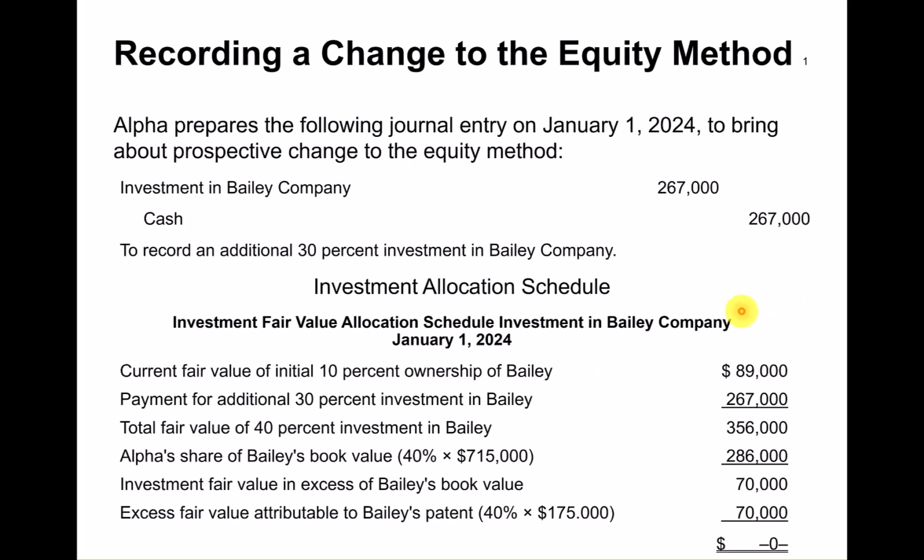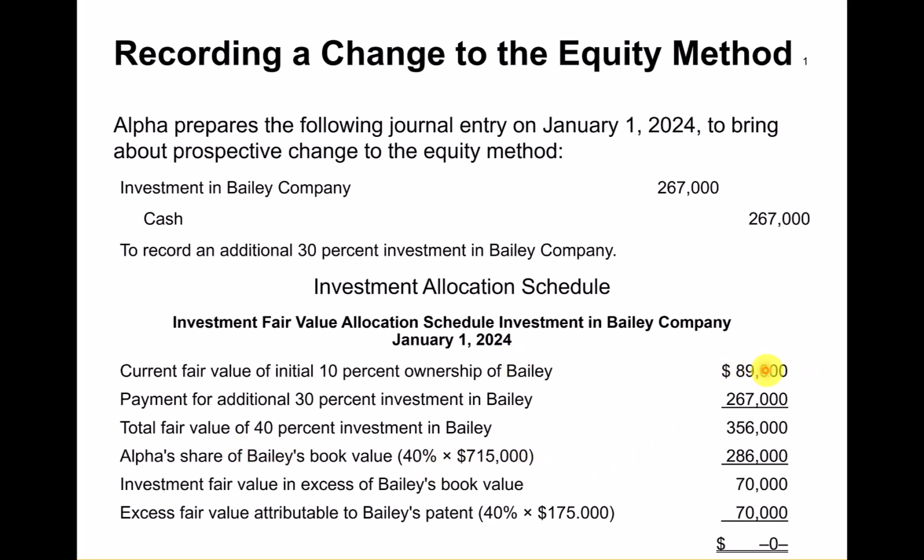So the calculation, here's the beginning of the second year. Here's the cost to pay for that additional 30% interest, debiting, increasing the investment asset. So also at the beginning of the year, we need to again figure out how much of that additional cost is going to go to that unidentified or undervalued asset.